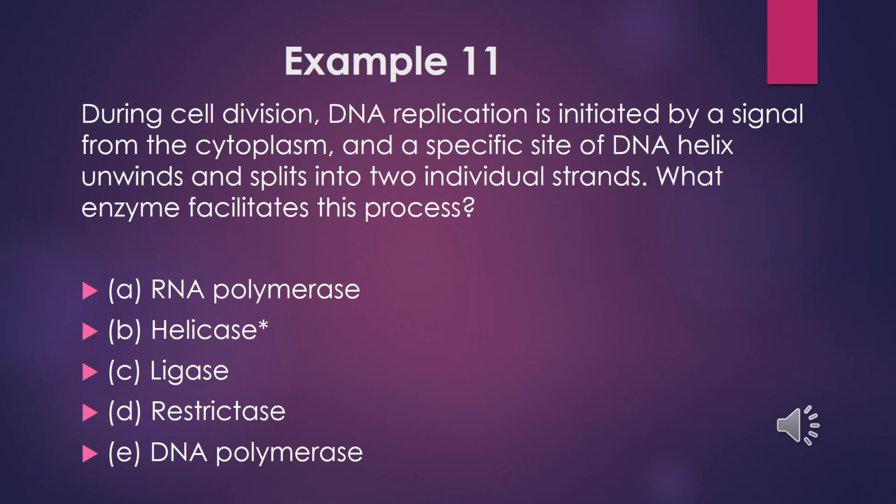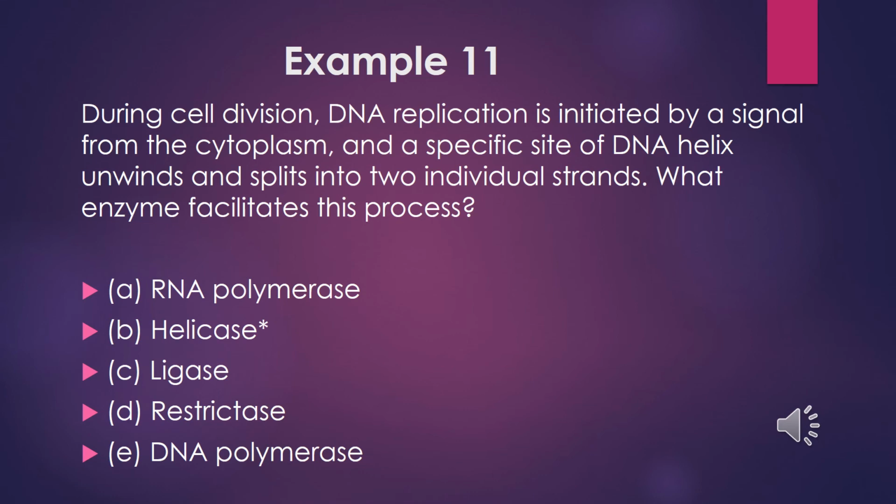Example number 11. This example asks about the main enzymes involved in the process of replication, and maybe questions about enzymes in the process of translation; use your knowledge about types of enzymes.